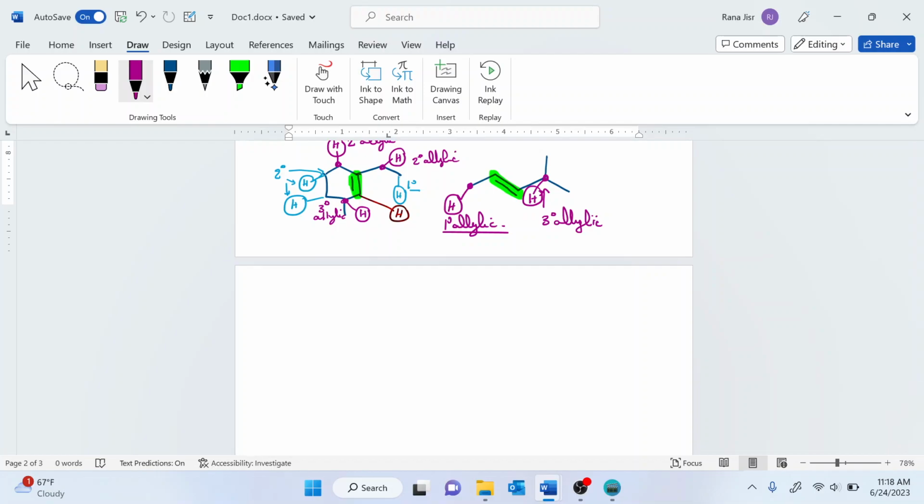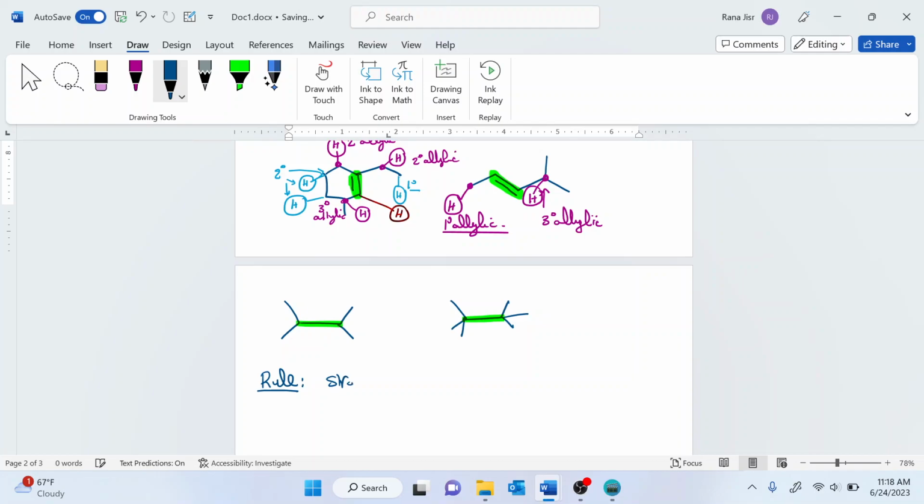We're going to have the same explanation over here if we have two structures. Let's say I give you two structures and I ask you which one of these sigma bonds is going to be a stronger bond. The rule says that the stronger the bond, the less stable the radical it forms.